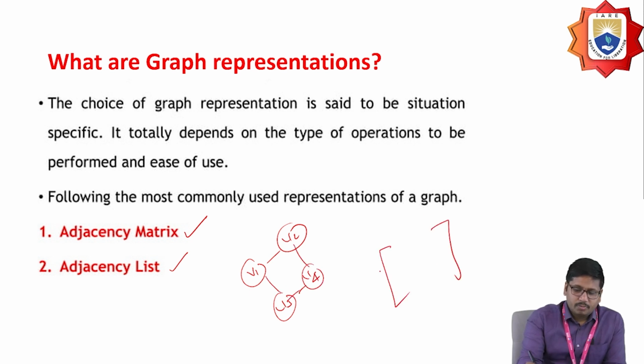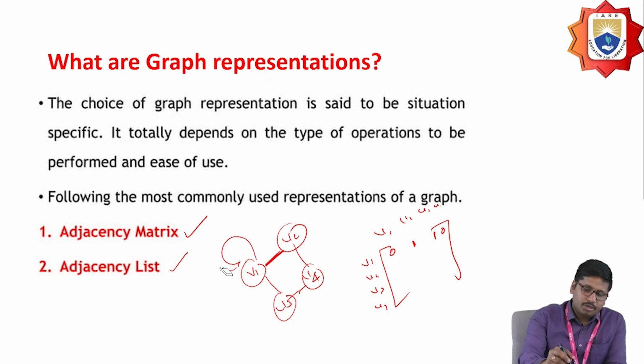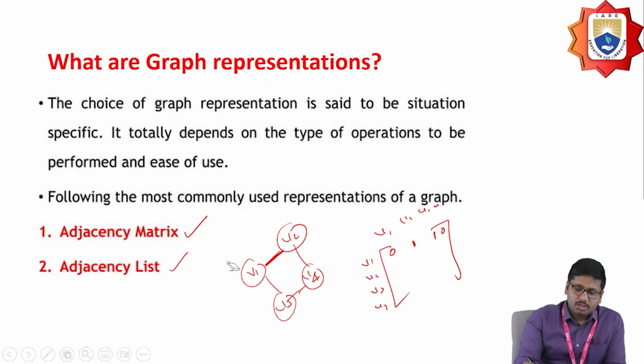So the matrix has V1, V2, V3, and V4. If there is an edge from V1 to V2, I represent that as 1, and V1 to V3 as 1, and there is no edge from V1 to V4, so that should be 0. Similarly, there is no self loop for V1, so it should be 0.